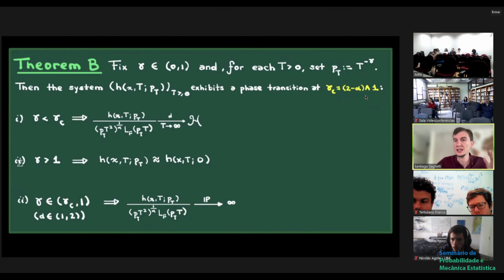I'm not looking at a single model where as T evolves, somehow the sticking parameter evolves. I'm fixing a T, which gives me the sticking parameter, which is going to be t to the minus gamma. And then I construct the ballistic deposition model for all times, if you want, with sticking parameter t to the minus gamma.